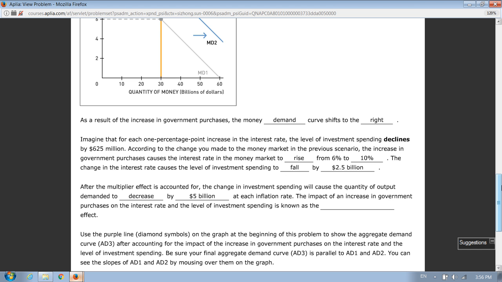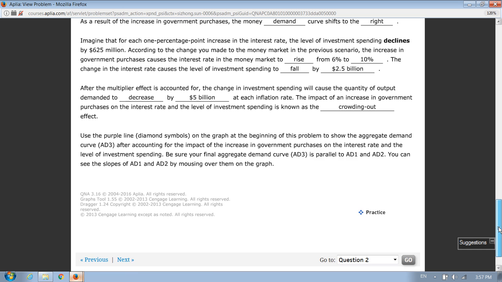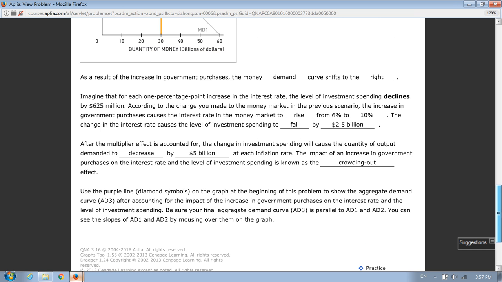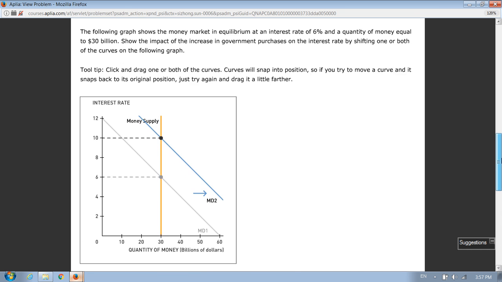The impact of an increase in government purchases on the interest rate and the level of investment spending is known as the crowding out effect. So the government increases spending, and that crowds out private investment. Use the purple line on the graph at the beginning of this problem to show the aggregate demand curve.